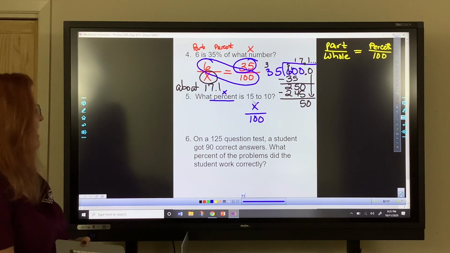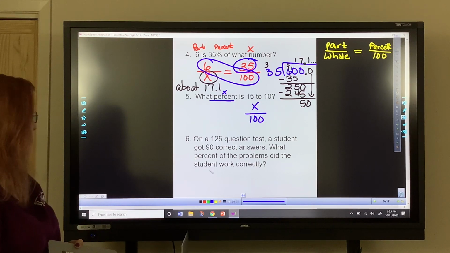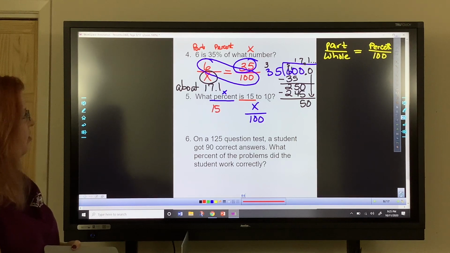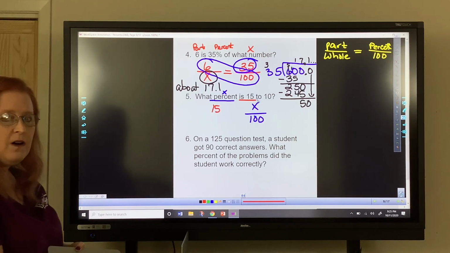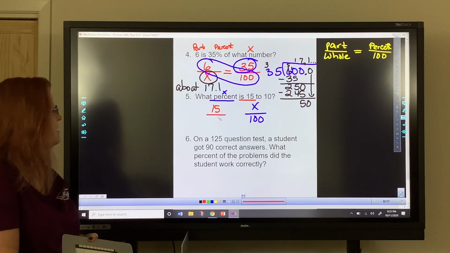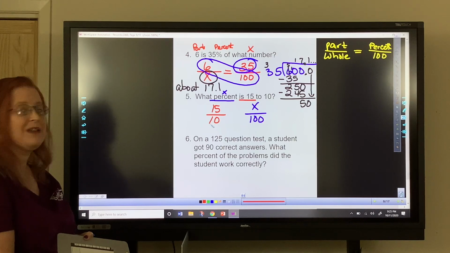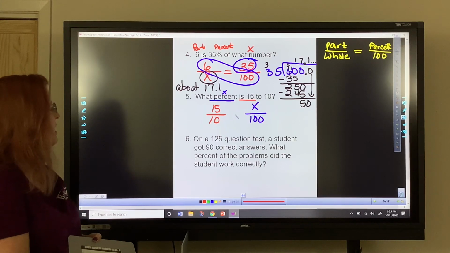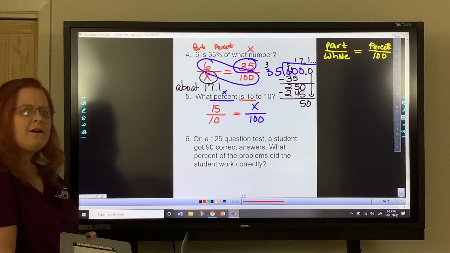Okay, now it says 15 is. What percent is 15? So our part is up top. And our whole, it doesn't say of 10, but it says to 10. And that tells you that's what your whole is, because your is was 15 and the only place left is your whole.